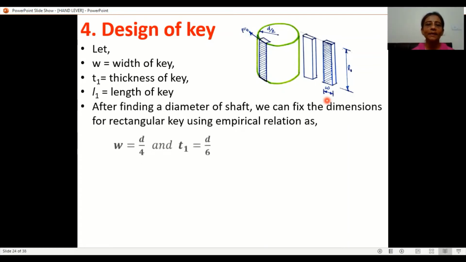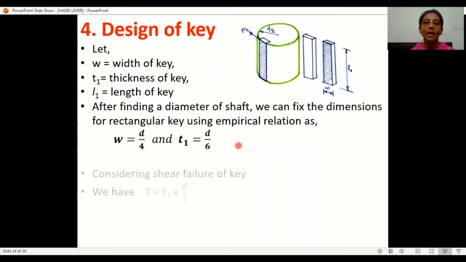This empirical relation is W equal to D by 4 and thickness T1 equal to D by 6. In industries, there are standard tables available for fixing the dimensions of width and thickness, and we have to select the width and thickness from the table for a given diameter of shaft. Here we'll be using these empirical relations.